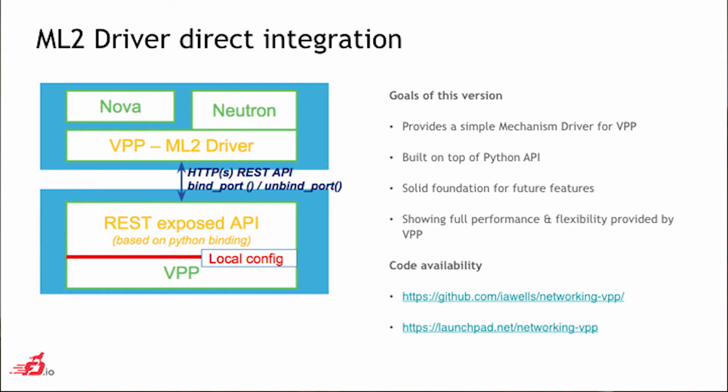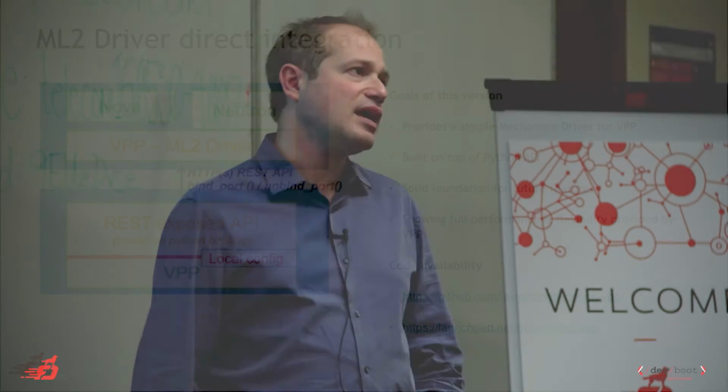Now, we have another integration scenario we are currently working on, which is simpler but less powerful, because it is not YANG-ified and doesn't provide this two-step commit approach. So we are working on this, and here it's very basic. We have an ML2 agent running on the compute node, and a mechanism driver sitting on the Neutron server, and the communication between the two is done using a regular HTTP REST API.